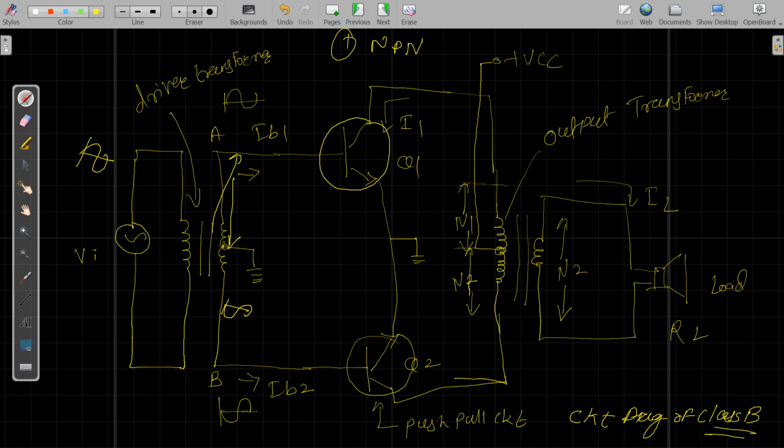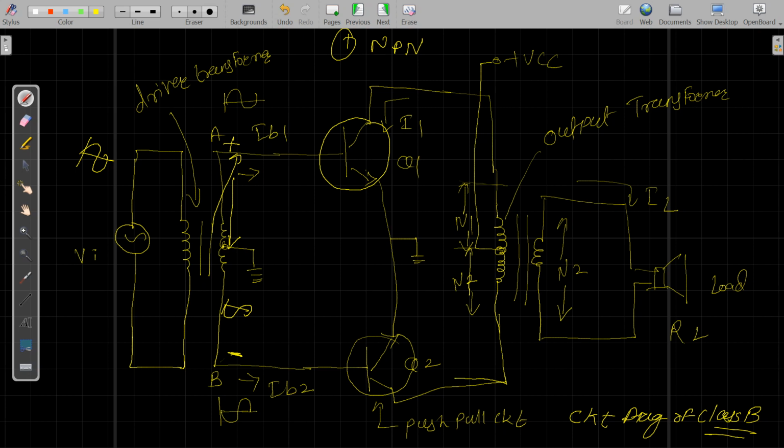That means I can say, with respect to the center tap, for a positive half cycle of the input signal, the point A on the secondary of this driver transformer will be positive, while the point B on the other end will be negative.